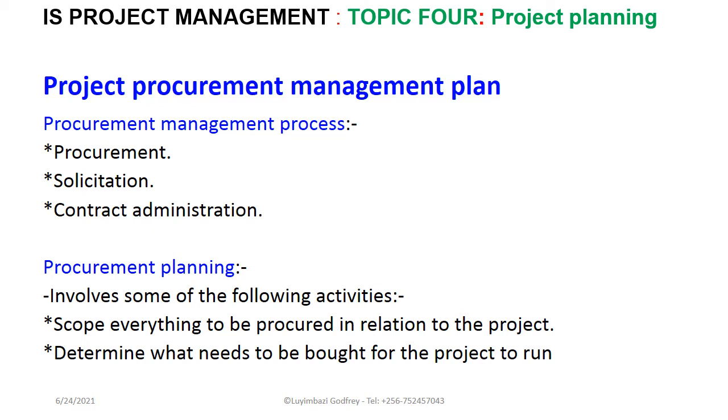We should also know how procurement shall be coordinated between the various project departments and sections, and so on. Now, more on project procurement management shall be handled in our topic number 5, which looks at the project management areas of knowledge.